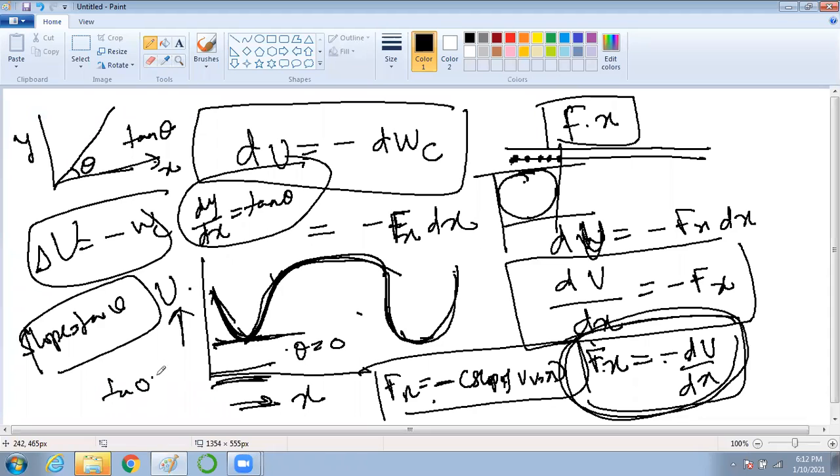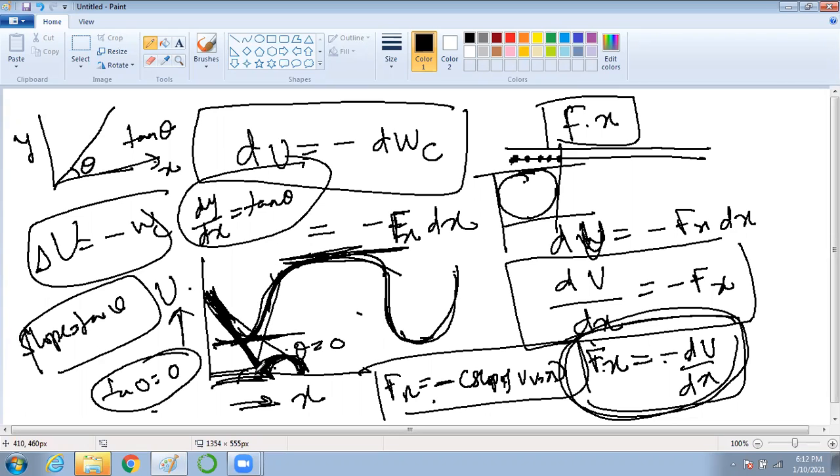What is tan 0? It is 0. That means the slope here is 0, no slope. Similarly here, the slope is 0. But what about here? The slope is negative because the angle is more than 90 degrees. Always consider the angle from the positive x-axis.